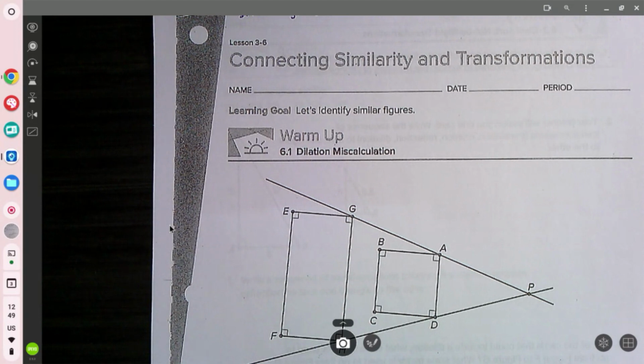Nice. Translation is another. Rotation. Yes, thank you, Keegan. Rotation. Oh, rotation. Okay, so reflection, translation, and rotation were our three rigid transformations. What was our one non-rigid transformation that we've been focused on these past week or so? Dilation.